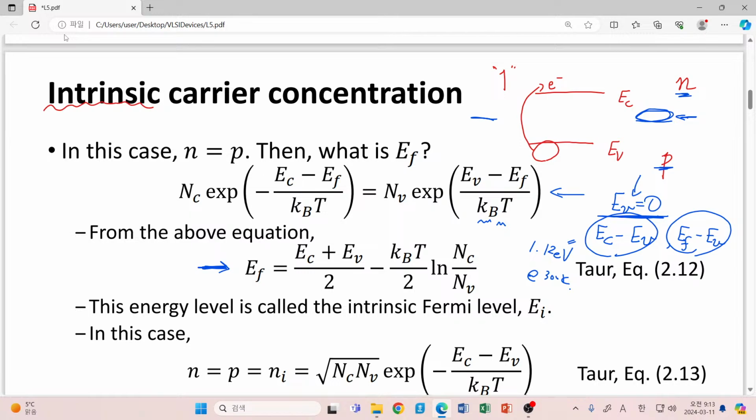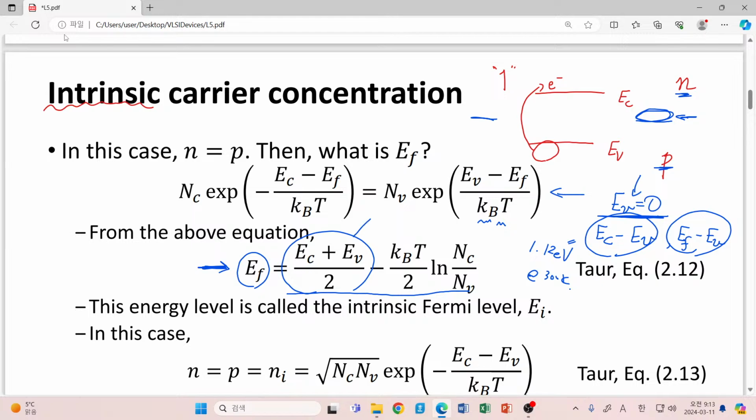So at intrinsic condition, our Fermi level will be located here. Please have a look at this first term. The first term is just the average between the conduction band level and the valence band level.